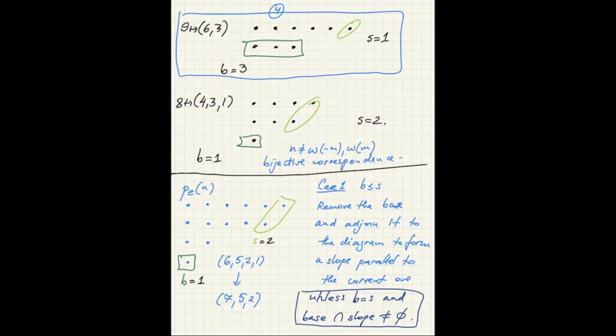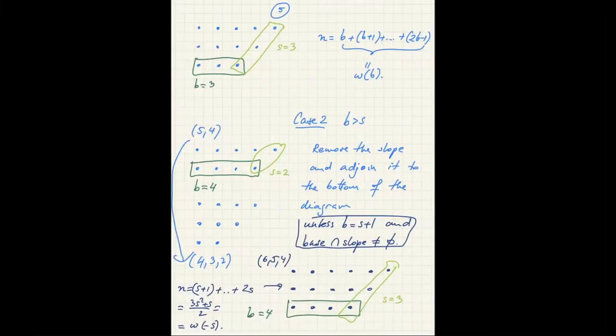And in the cases where n is of this form, you have a bijective correspondence for all but one of the partitions, so one of these partitions has one extra element than the other.